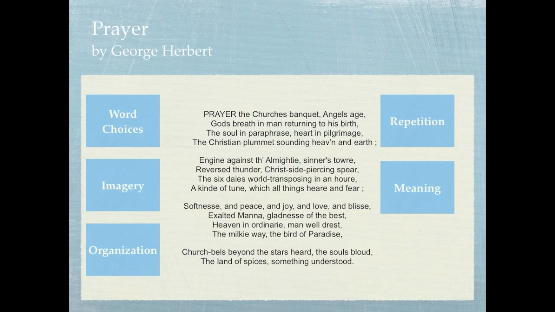And we see that reversed thunder, exalted manna, some of these things here tie into that meaning as well. So again, we take everything, we look at the meaning, and all of the things that we see, the word choices that are being used, the images that are being conveyed, the way that it's organized, the way things repeat, it all brings it back to this meaning.